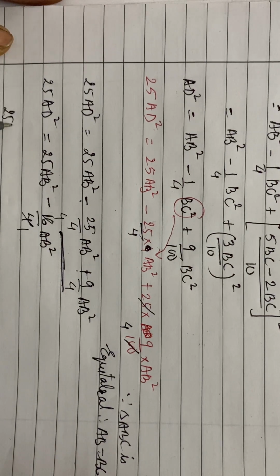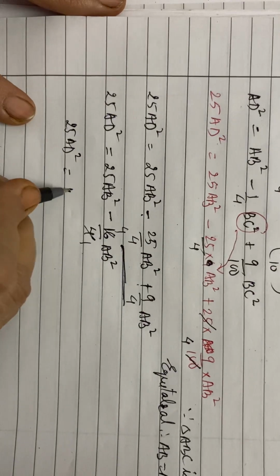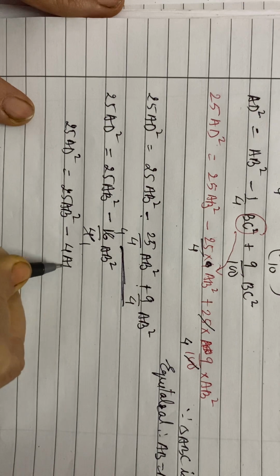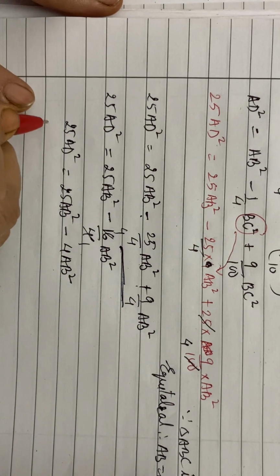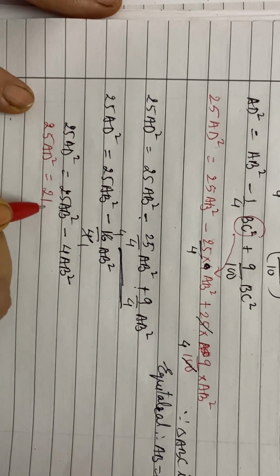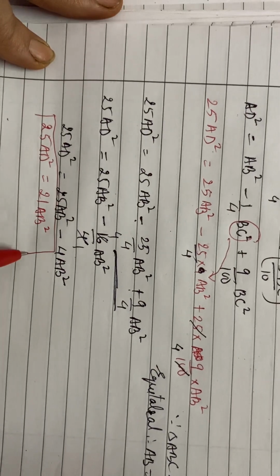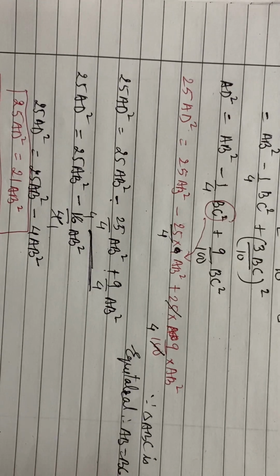So you have 25 times AD square is equal to 25 times AB square minus 4 times AB square, and 25 minus 4 is nothing but 21. So 25 times AD square is 21 times AB square. Okay, so I hope you got the sum, Sonal.